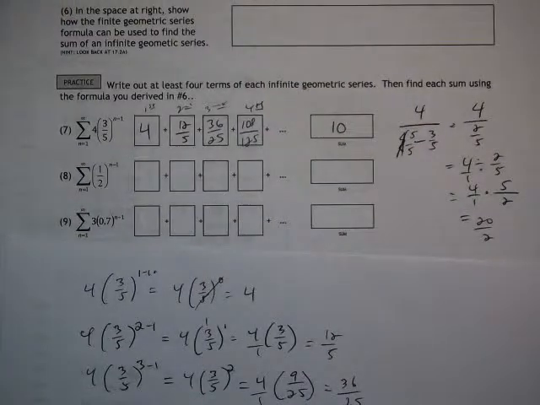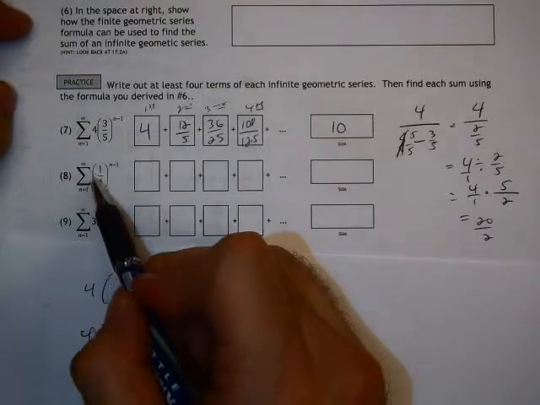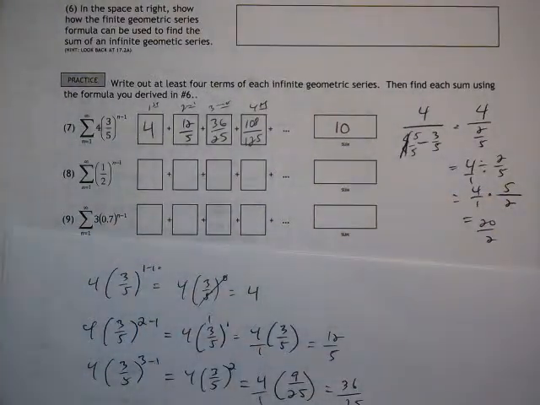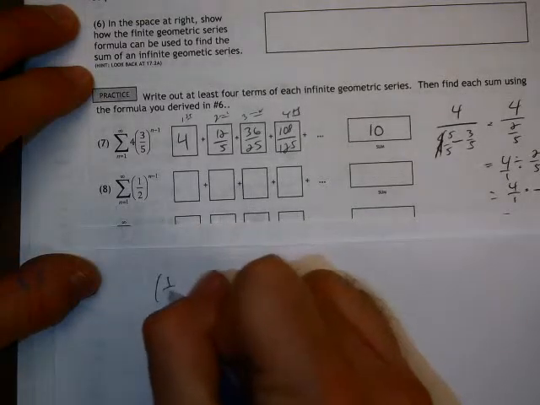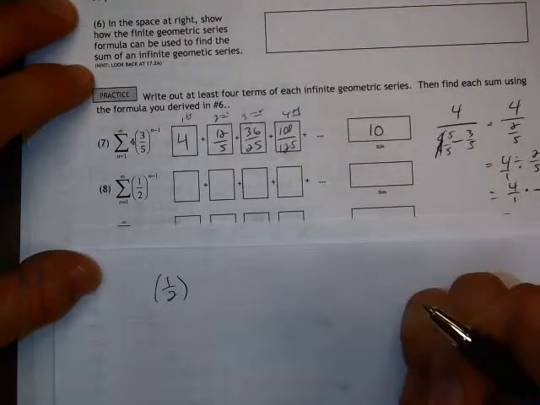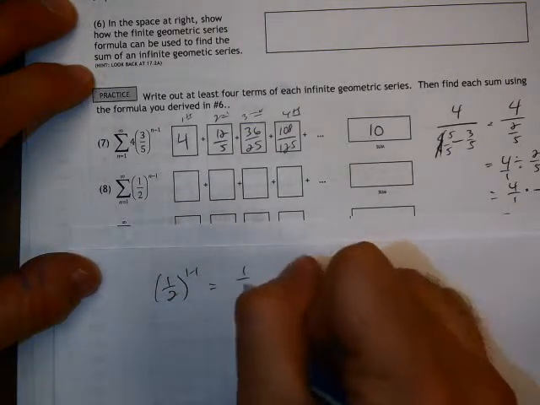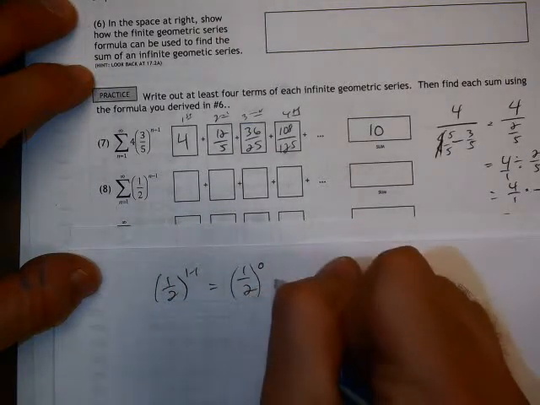Now number 8, very close to what we just did. They don't have a number out front, so we're going to just plug in the 1 right away. To get the first term, I'm starting with 1/2 to the n minus 1, plugging in the 1 here. 1 minus 1, that's 1/2 to the 0 power.